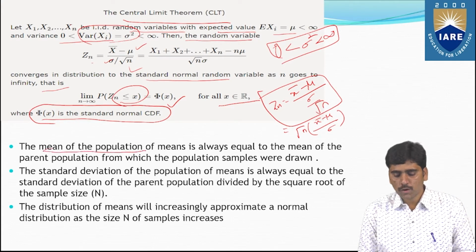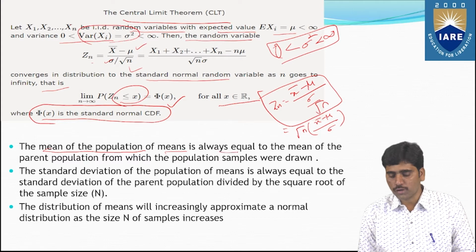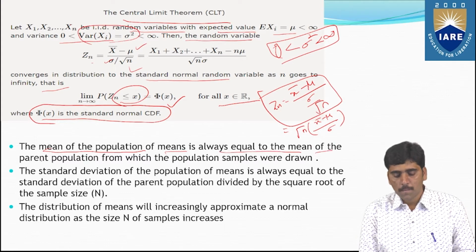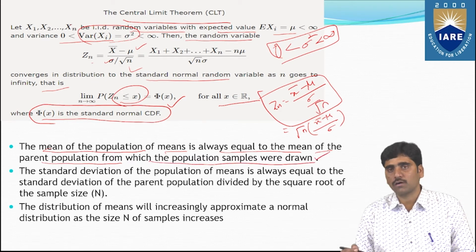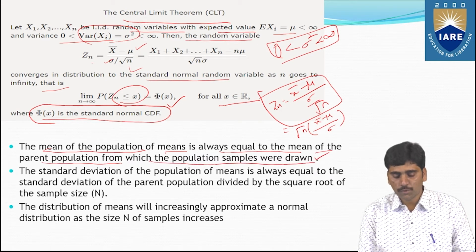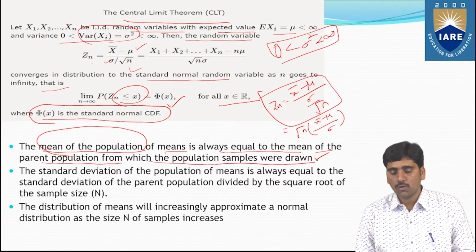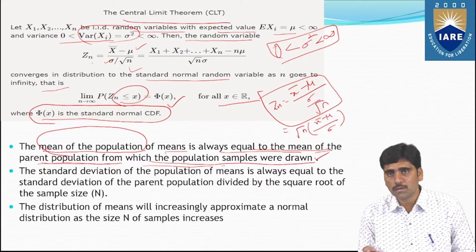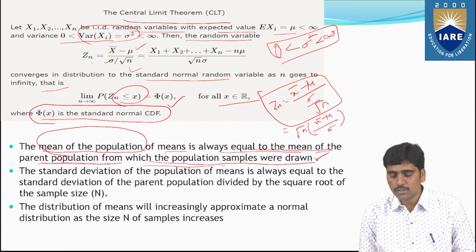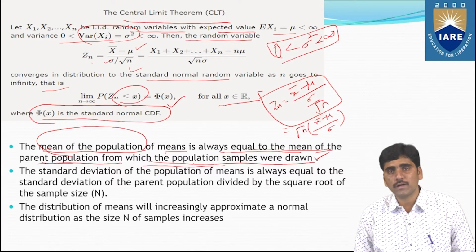The mean of the population of means is always equal to the mean of the parent population from which the samples were drawn.